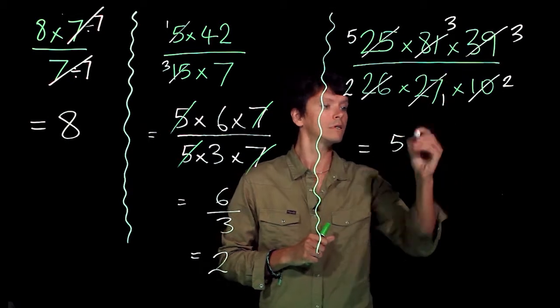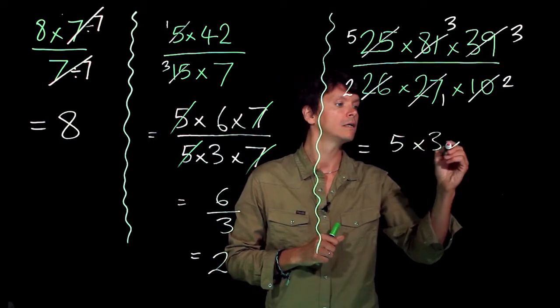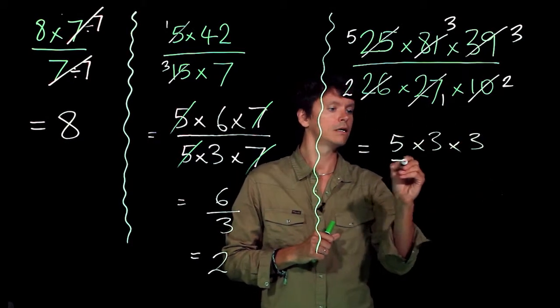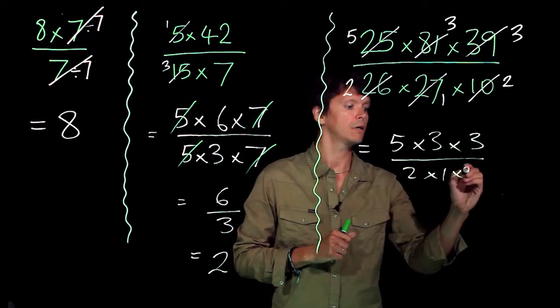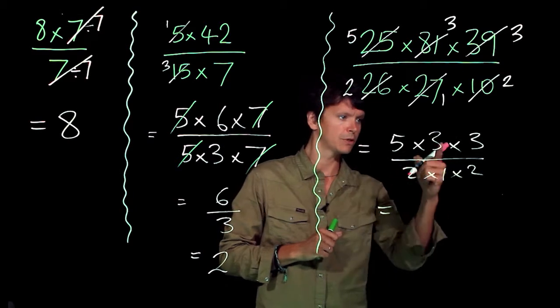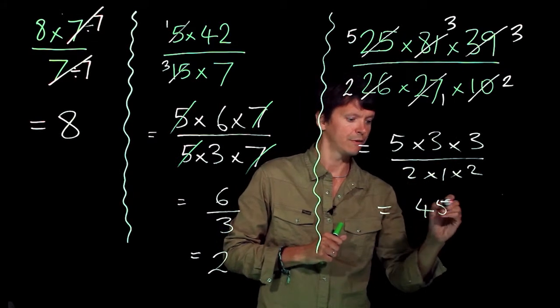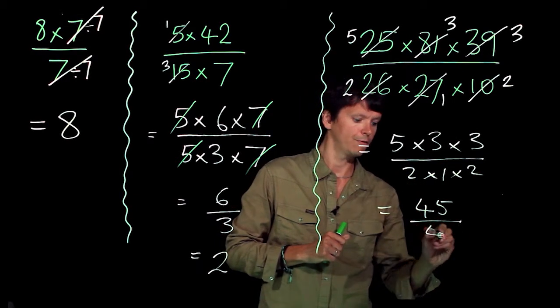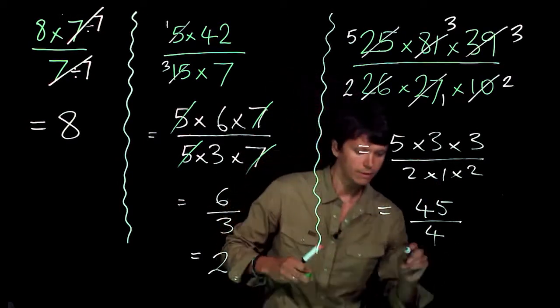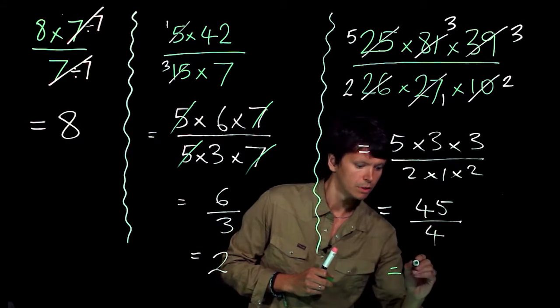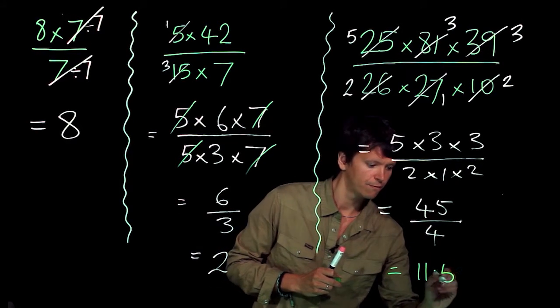5 times 3 times 3, divided by 2, times 1, times 2, which equals 45 over 4. 45 over 4 equals 11.5.